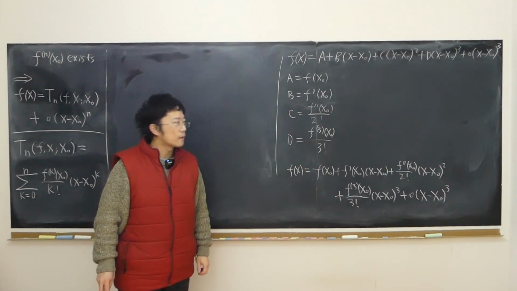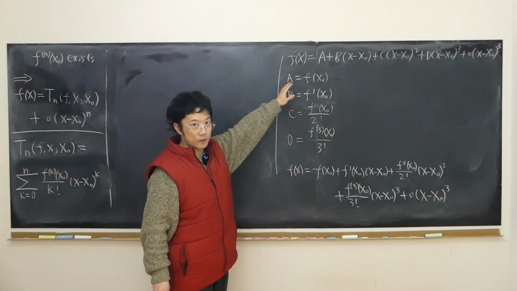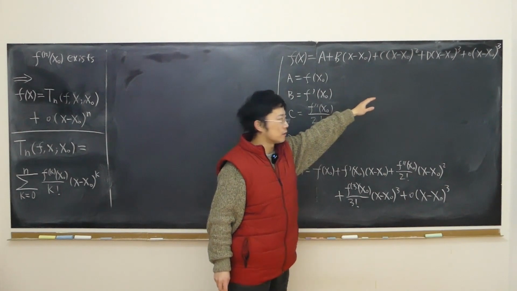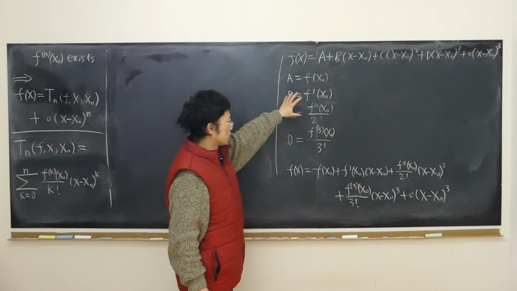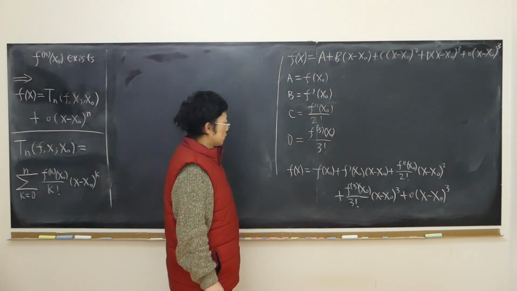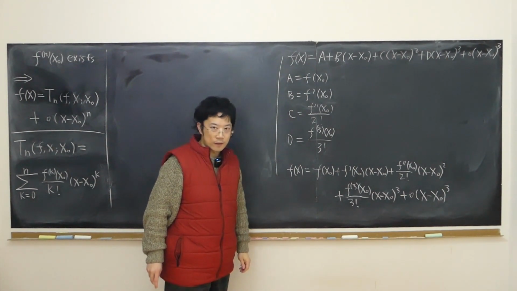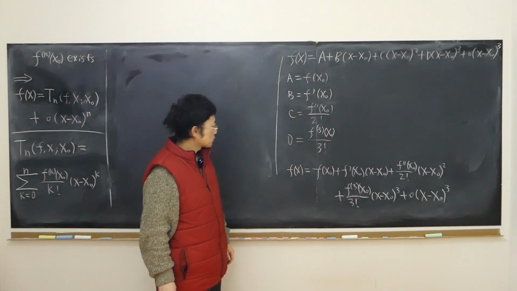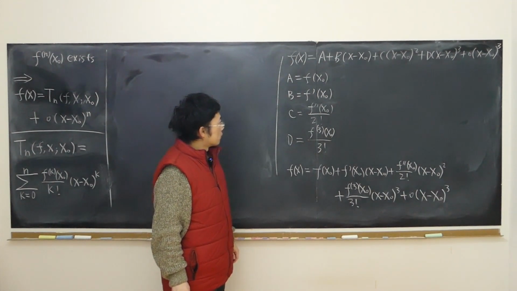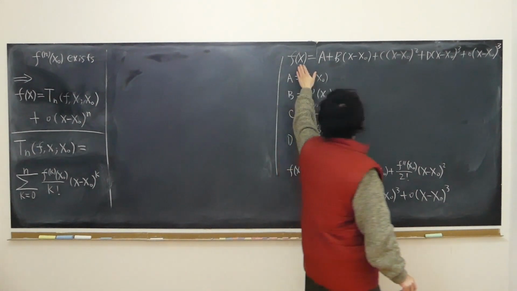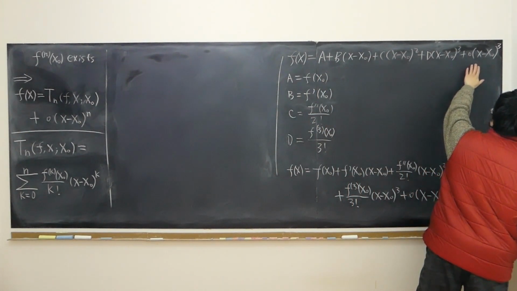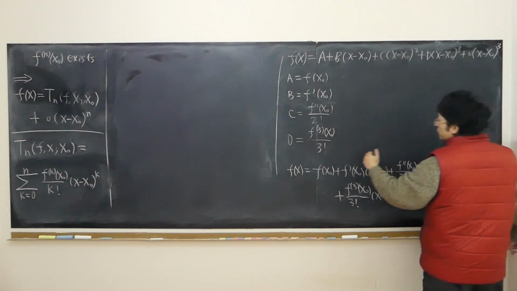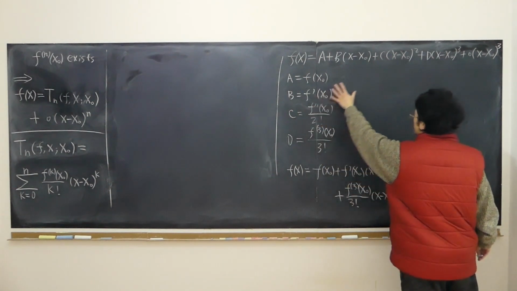I've just proven that if f of x can be written as the following expression, then a, b, c, and d have to be the following exact values. But I haven't proven whether the difference between this quantity and that quantity is really little omicron of x minus x naught to the power of 3 if a, b, c, d are equal to those values.